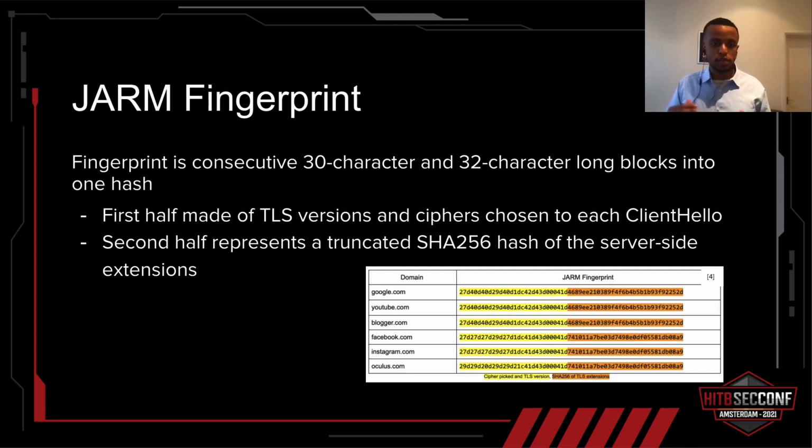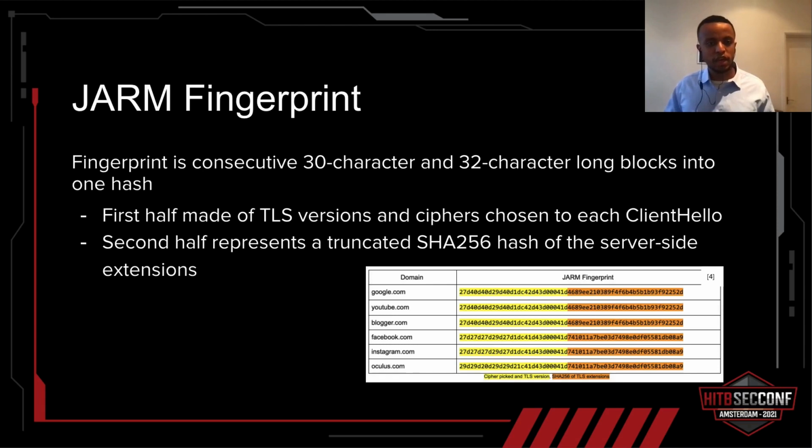As you can see in the slide for Google, YouTube, and Blogger, that JARM fingerprint is actually the same. And this is because the infrastructure for these, or the underlying operating system and application that these servers run on top of, are actually similar. So we can group these servers together. We can say this group of servers belongs to Google, and these belong to Netskope, these belong to Apple, etc.